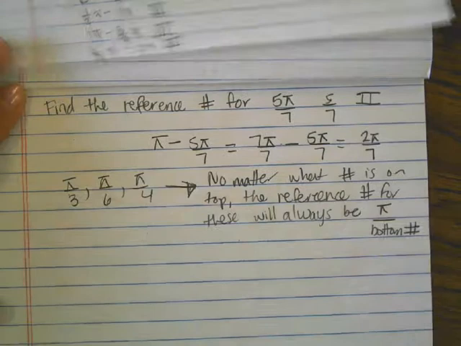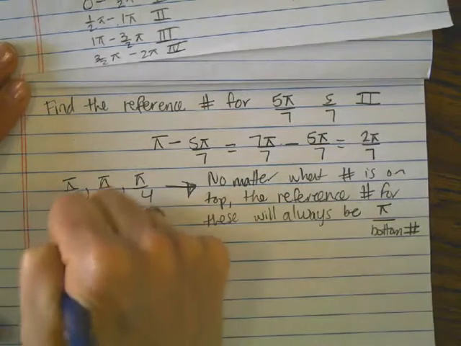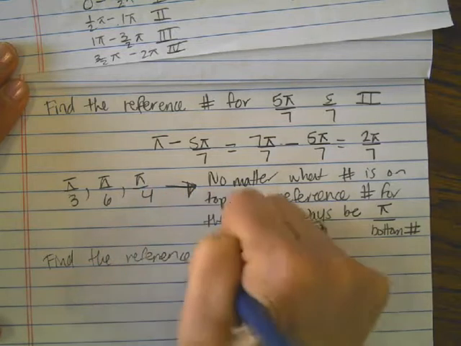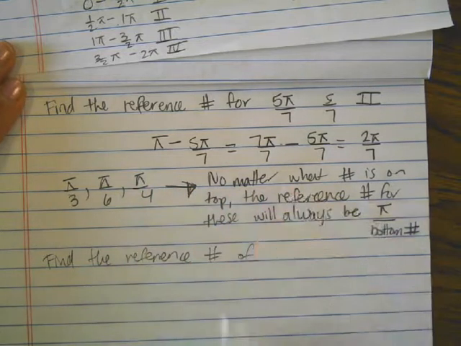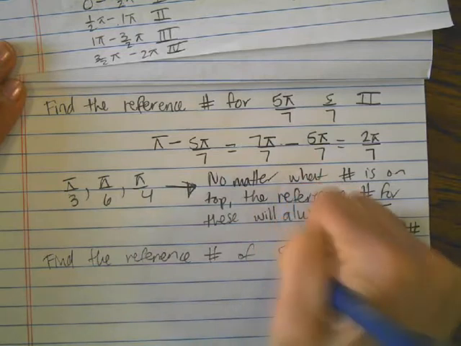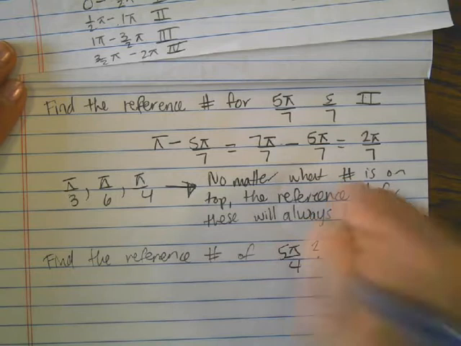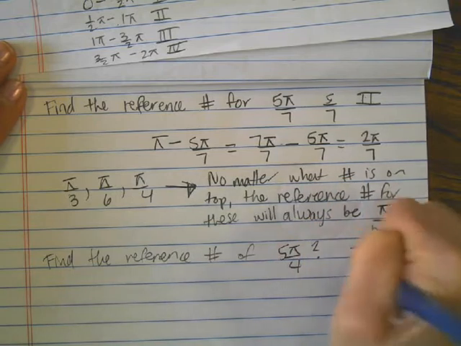So if they ask you to find the reference number for 5 pi over 4, what is that? Pi over 4. Real easy. You don't have to actually do the work.